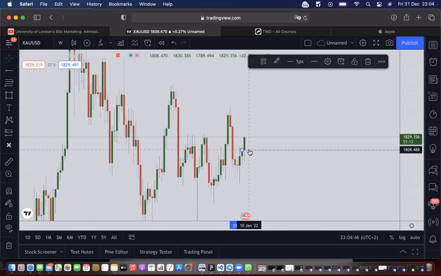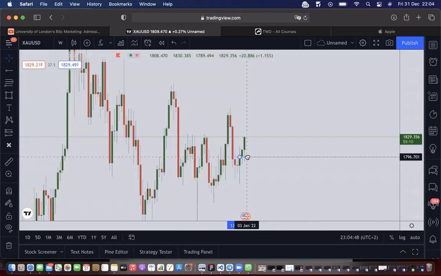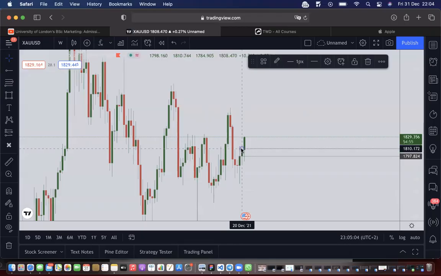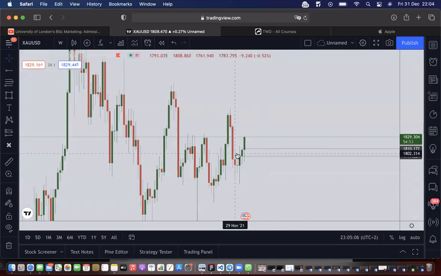That is exactly what you do. So for the previous week now, we have price here in this zone. We have the open of the previous week, which is this, and the close of the previous week, which is this. So we want to look for zones in this region for more buys.